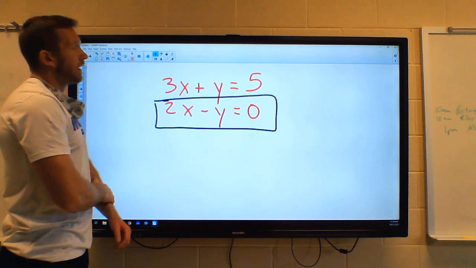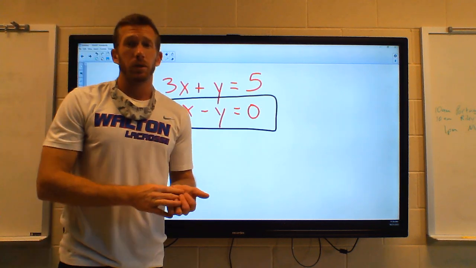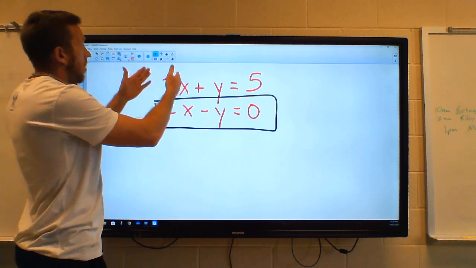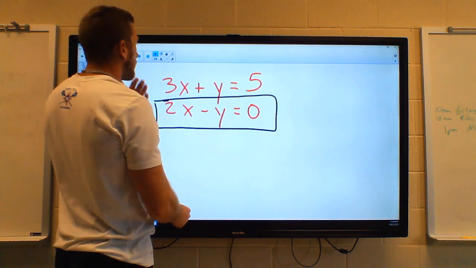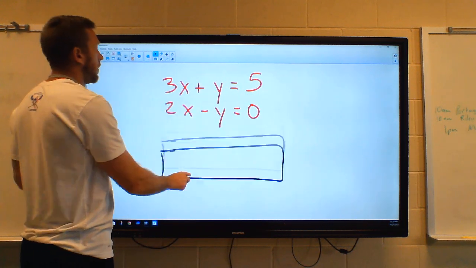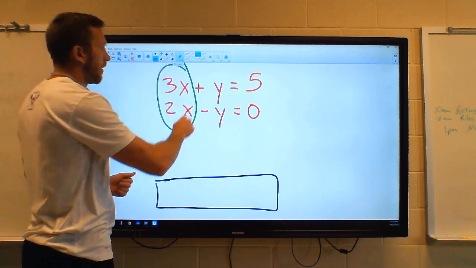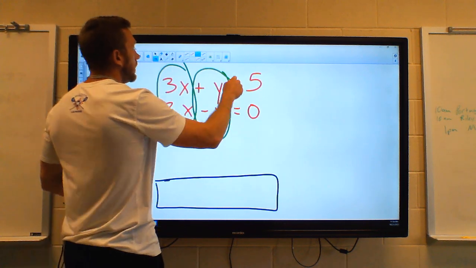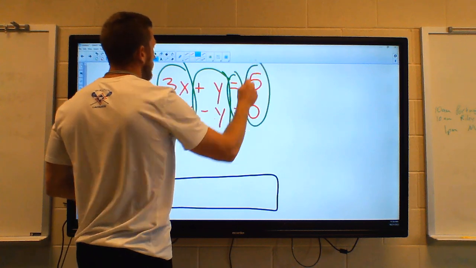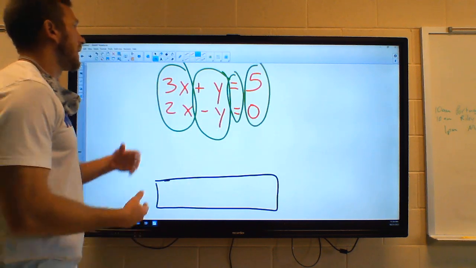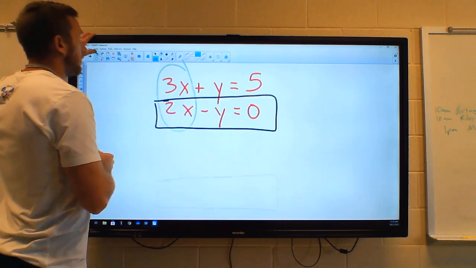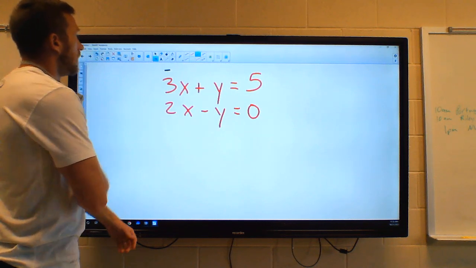Same thing down here. Now the elimination method only works when our terms are in columns. So notice I have my terms of x, my other like terms of y equals my constants. Okay, so this is typically how it's set up, where it's in this standard form, okay?